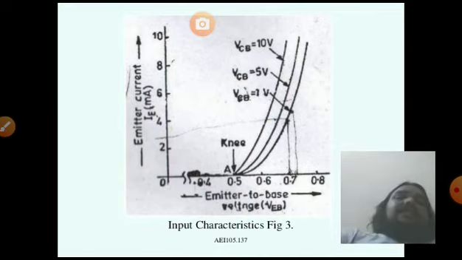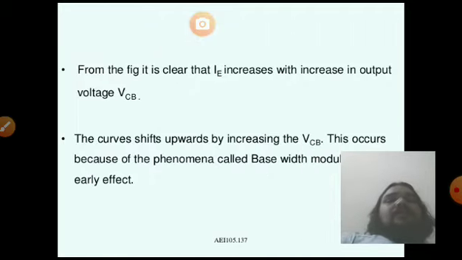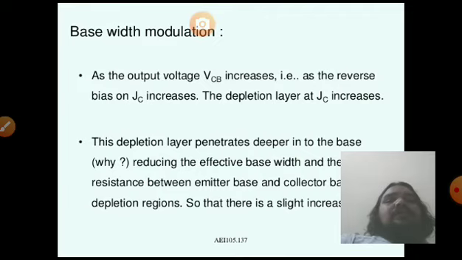Next, the base width modulation. As the output voltage VCB increases, the reverse bias of JC increases, so the depletion layer at JC increases.